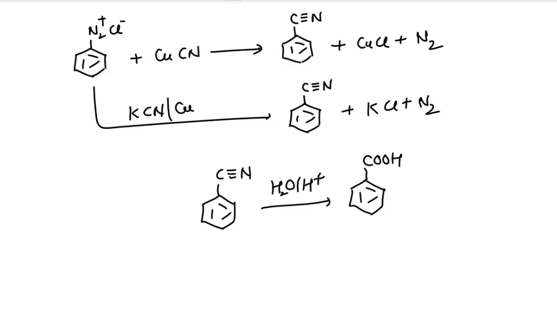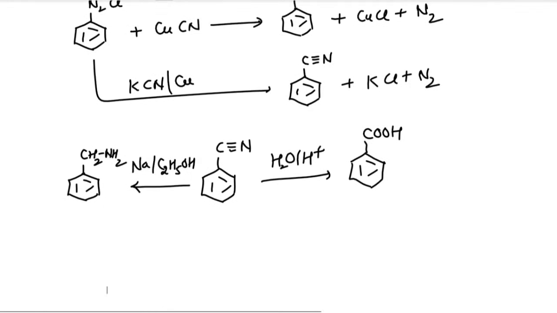Okay, and on reduction, like with C2H5OH and sodium, that is called Mendius reaction, we get benzylamine. Very good, Sahil. Great effort. Okay. So these are the reactions with CuCN and KCN.